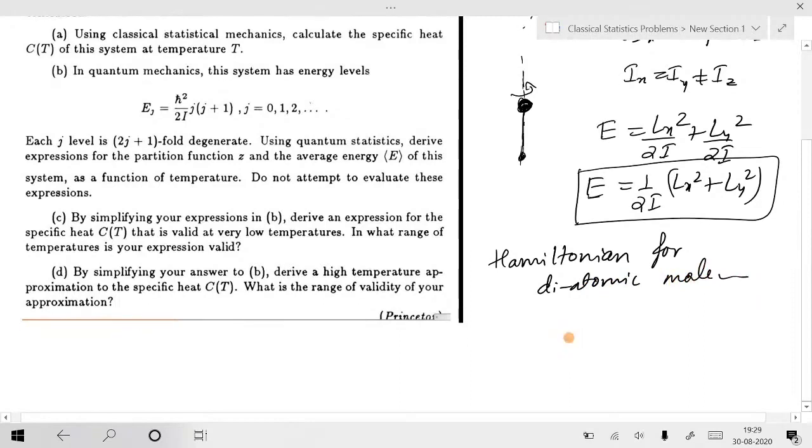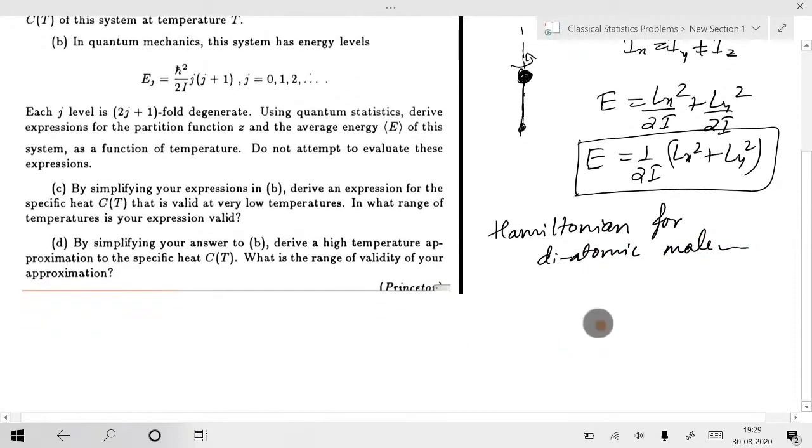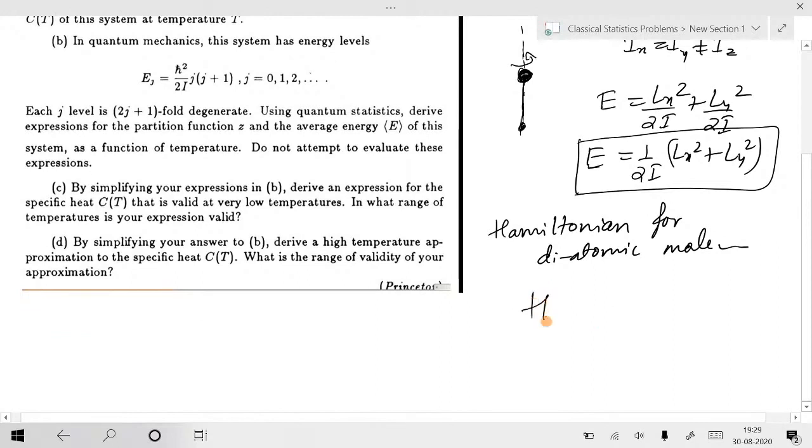You can go from a two particle system to a single particle system conversion like that. You can write 1 by 2I, I think p theta square plus p phi square by sine square theta. We can write this kind of expression for the Hamiltonian of a diatomic molecule.